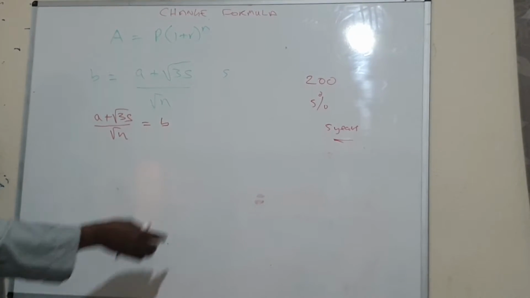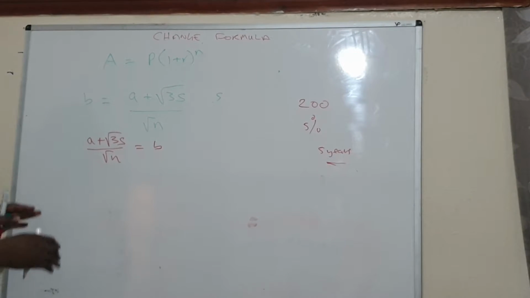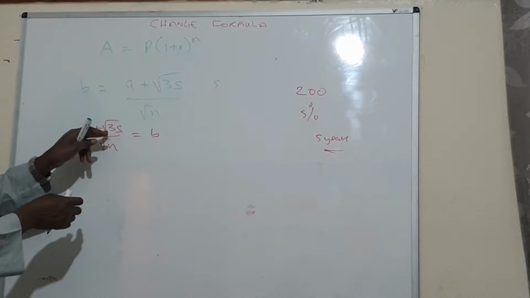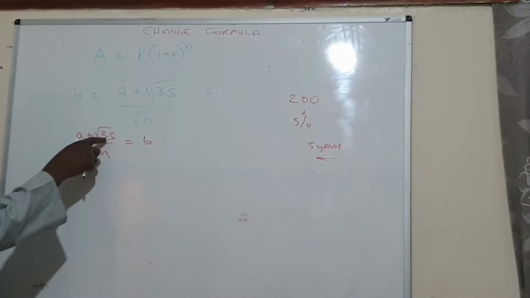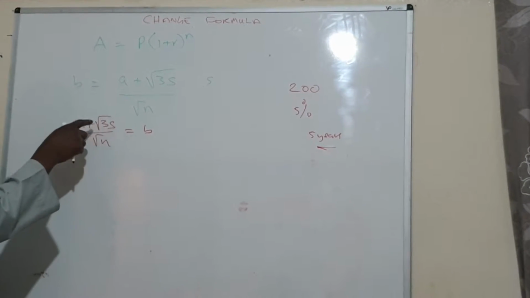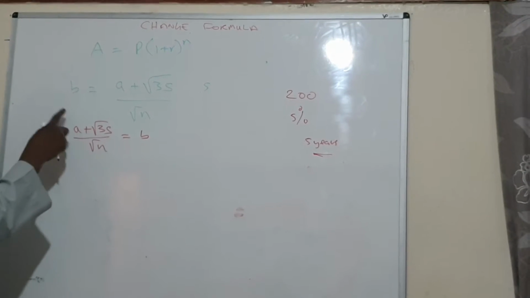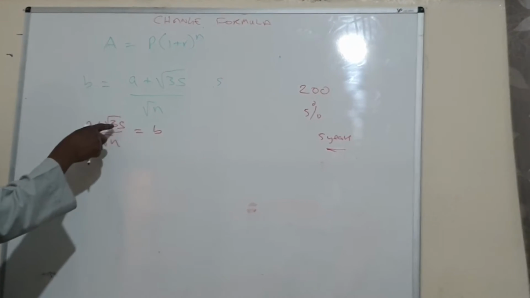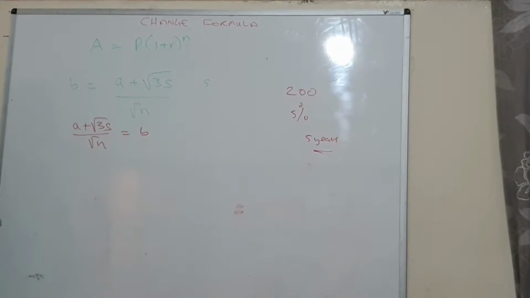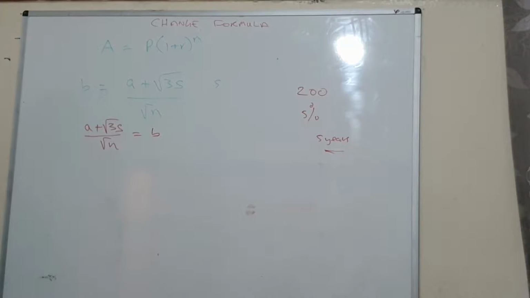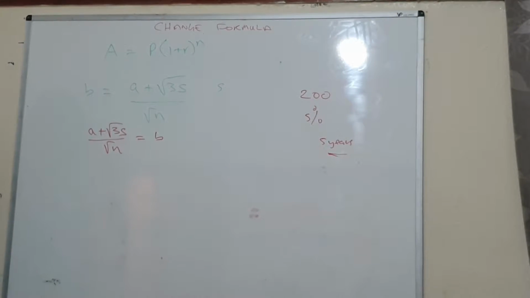Do you understand? Yes, and we have to do it methodically. Not squaring this side because there's a square root here. No, it is only 3S square. It's root of 3S, not a root of A plus 3S, all of that square. No, it's root of 3S and root of n. So we must solve this step by step or systematically.